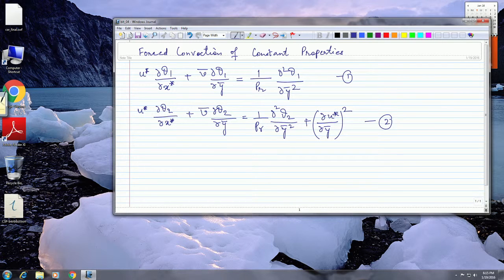Okay, now what we're going to do is write equation 1 again in the dimensional form, okay? That's the dimensional form of 1.